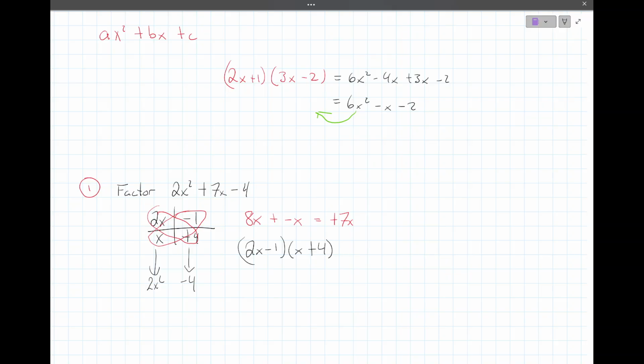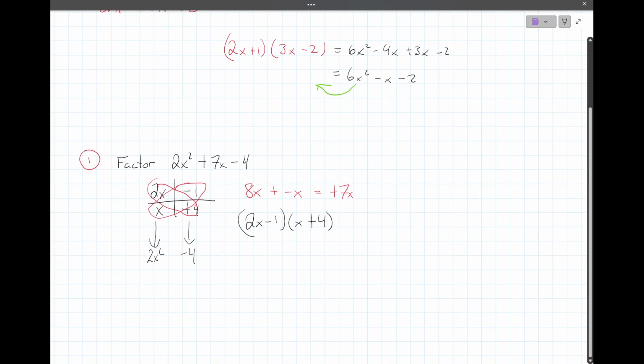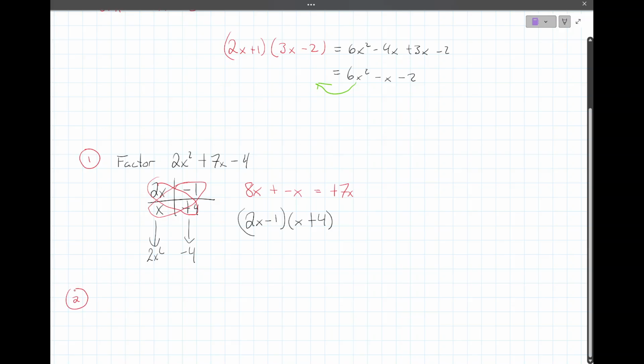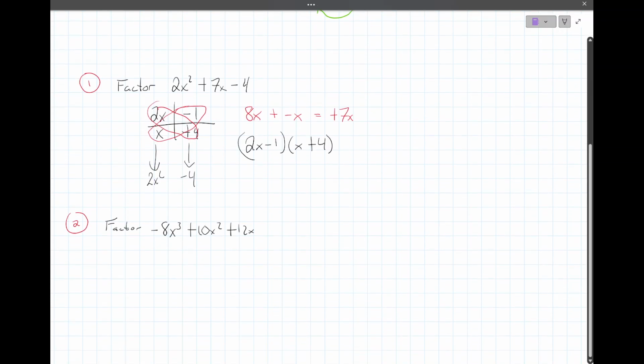I can use the box method to factor these very nicely, and it works out well. So let's try a few more with the box method. One thing to keep in mind as well: let's factor negative 8x cubed plus 10x squared plus 12x. The very first thing we always have to do is take out a GCF.